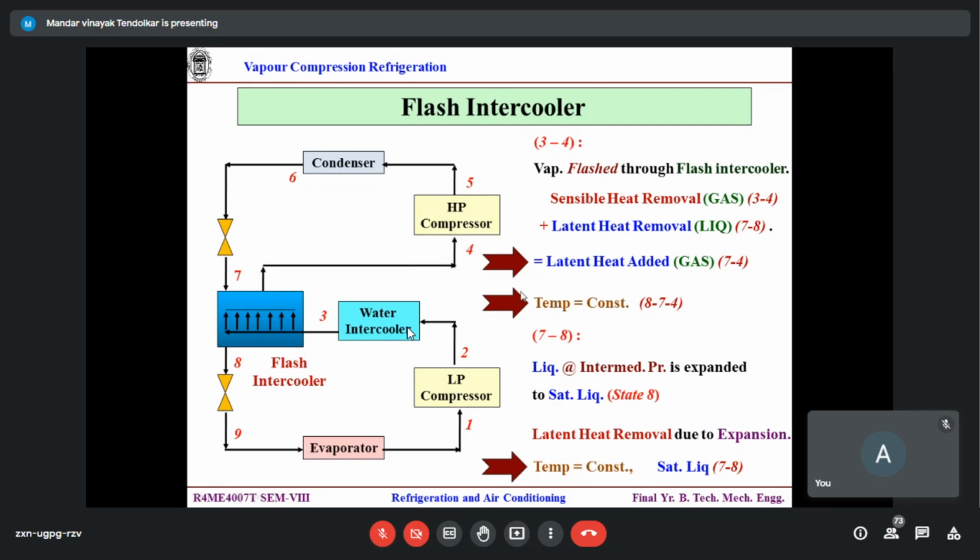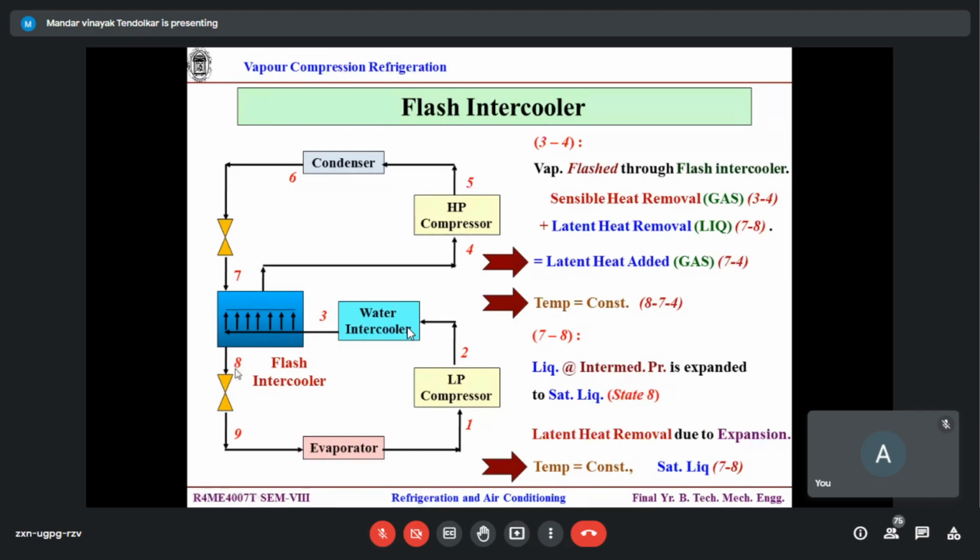So 8, 7, 4 is at constant temperature. Correct? So liquid at the intermediate pressure is expanded to saturated liquid. This is like a two-phase part. No? 7 is the two-phase part after the expansion inside the flash chamber. So a certain part goes to saturated liquid. The remaining part will absorb that heat and go to saturated vapor. Saturated vapor means 4.